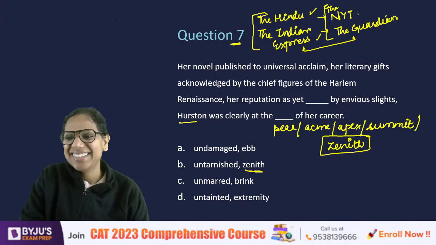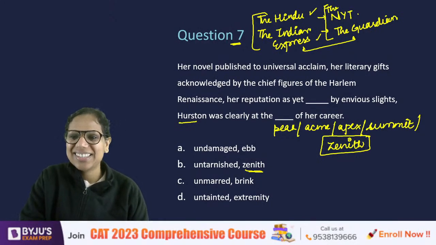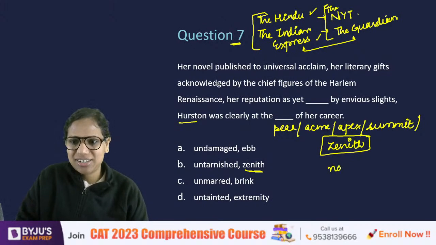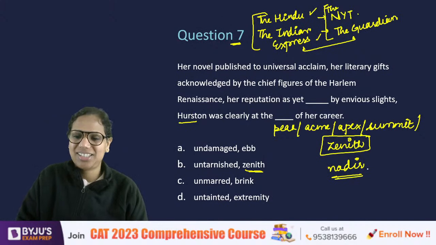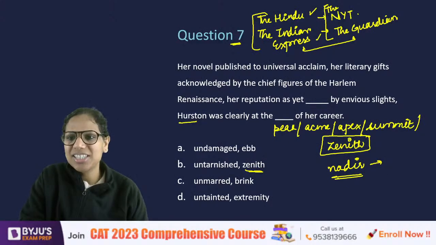Yes, zenith is the peak. The opposite is pronounced nadir. That means the bottommost point of something. The bottommost point is nadir.